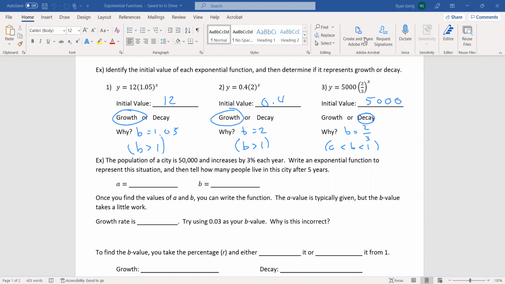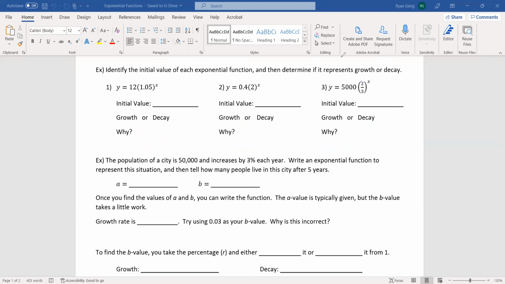One thing I do want to point out, actually two things, before I move on to the actual word problems. People think that if there's a fraction, it's decay. That's not always the case. I'm going to clear that real quick. Let's say that this was a 4 up here. 4/3 is a fraction, but that fraction is actually bigger than 1. 4/3 is 1.3 repeating. That would be a growth function.